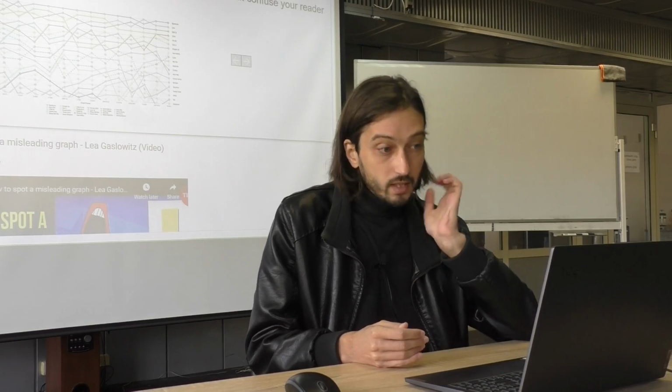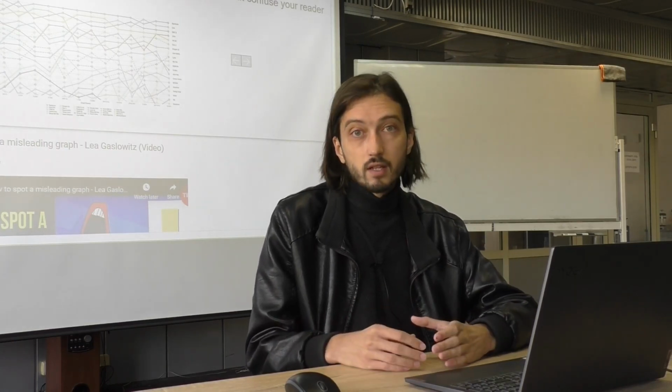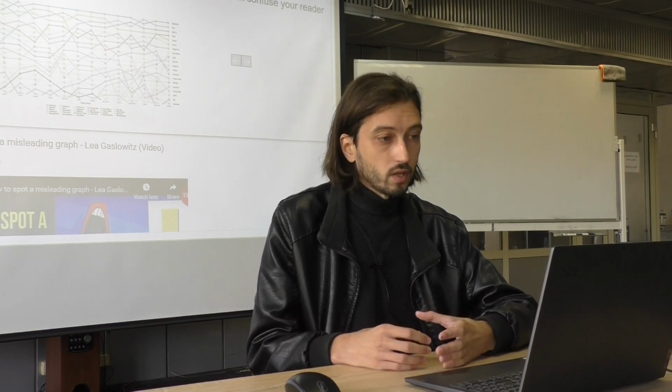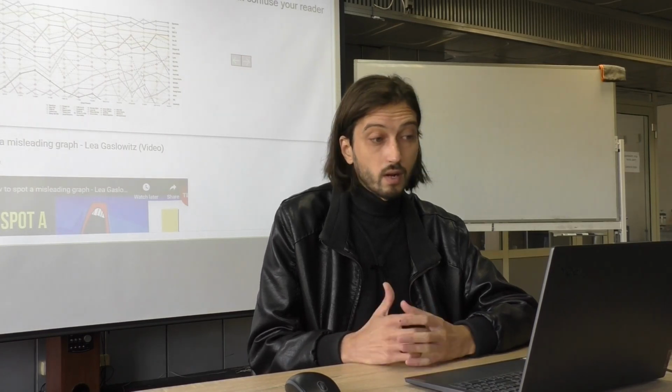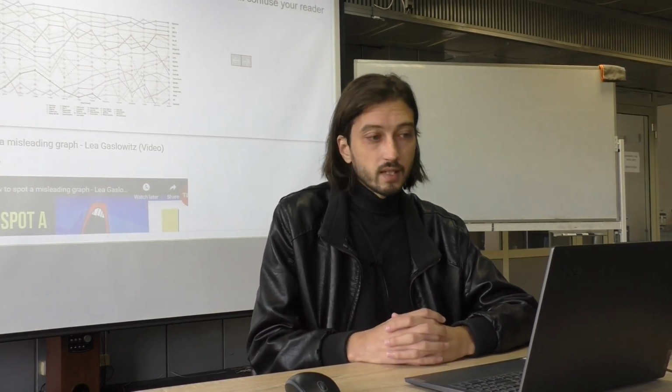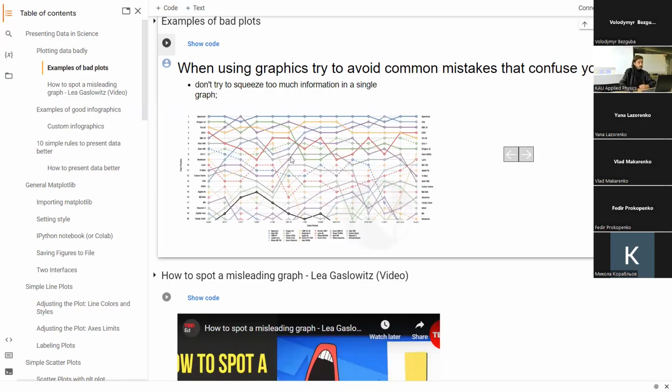But when you are trying to squeeze all the data into one image, you will get a whole lot of different lines, points whatsoever. And at the end of the day, your graph will be just cluttered. It's very hard to find something in this plot, so nothing can be seen clearly.